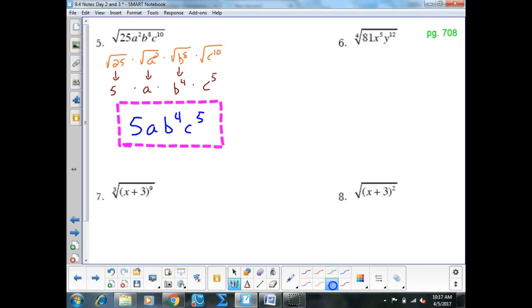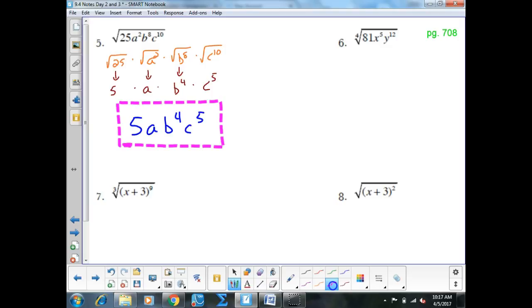But we're not always dealing with just square roots. What if I had a third root, a cube root, if you will? How then do I know if a cube root is a perfect cube? No. It'd have to what? Be a multiple of 3.